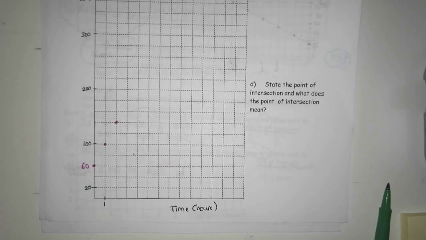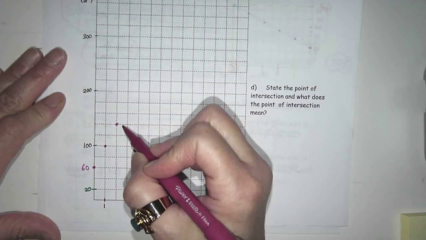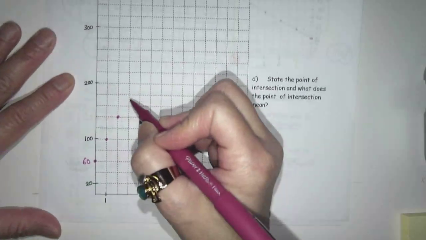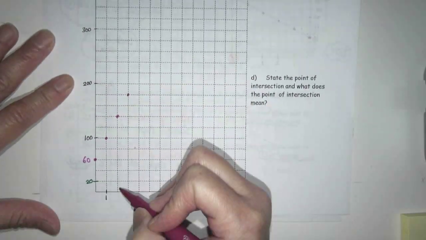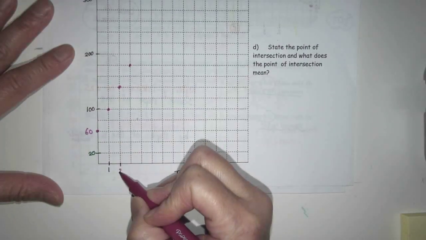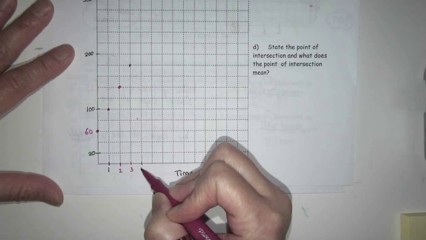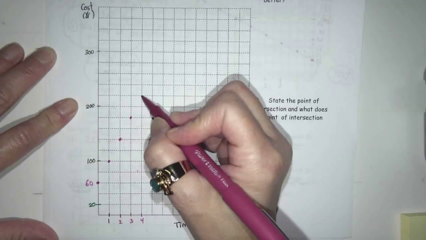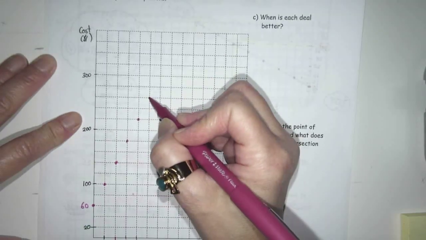We've got another $40, which would be 2 squares, right? Because 1 square is 20 here. So every square is 1 hour. So we're going up every hour by $40, which is 2 squares.